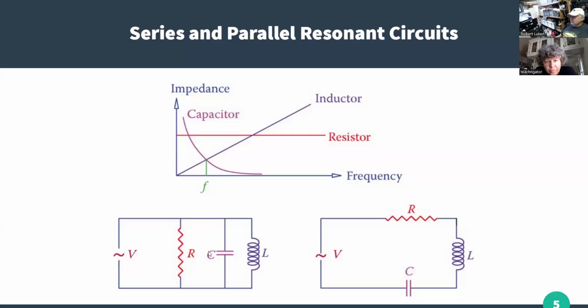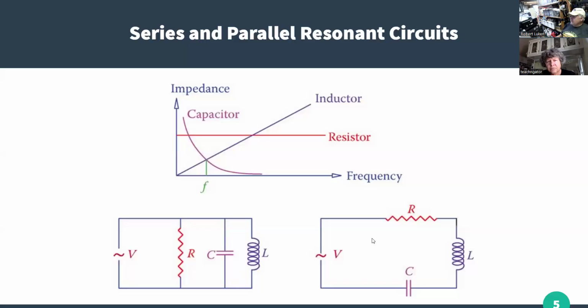It's going to look like an open circuit. However, the inductor is going to look like a short circuit. So at DC, this is going to pass as much current as is allowed. On the series circuit, it's not going to pass any current at DC because of the capacitor. So it doesn't matter what the inductor does.